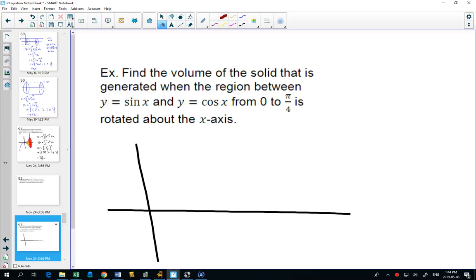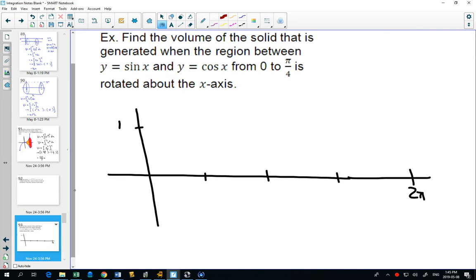Now, for graphing sine of x, normally you would go all the way to 2 pi, divide things into 4 equal sections. I'm trying to spread this out. And it goes up to 1, down to minus 1, and your sine graph goes from center line to your maximum, center line to your minimum.